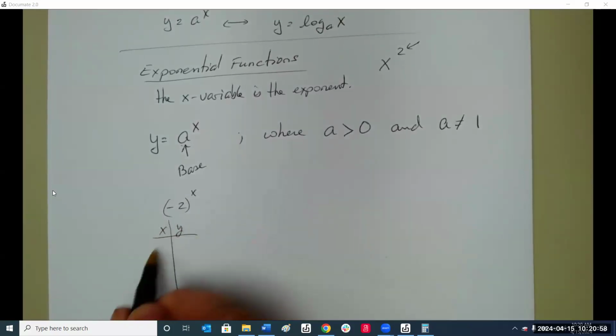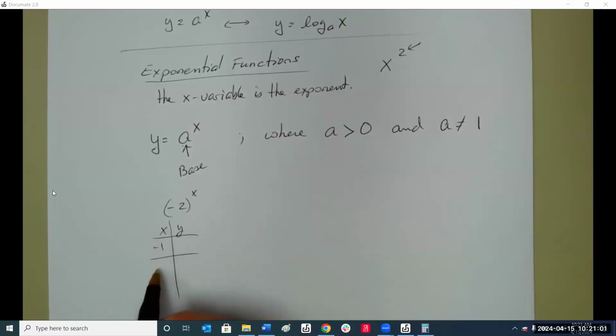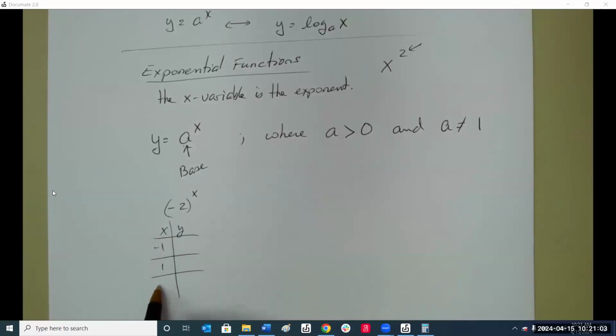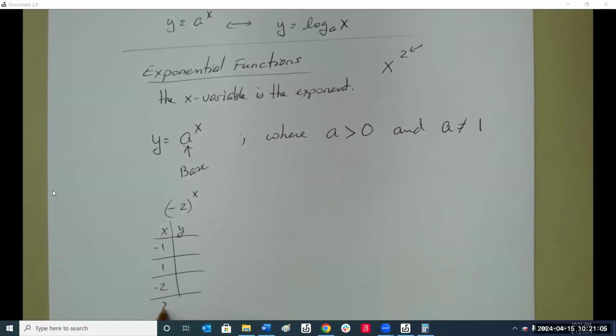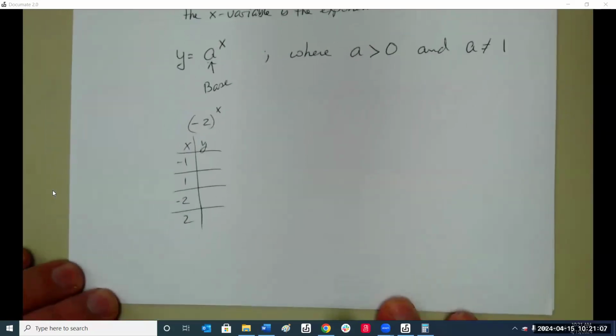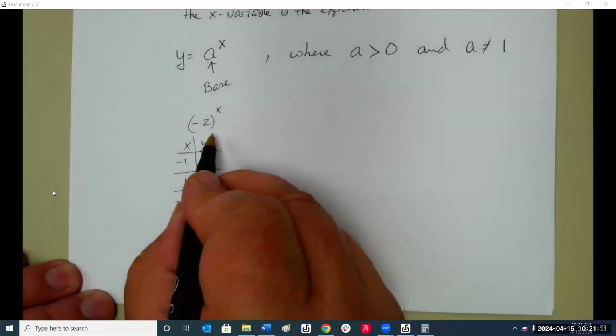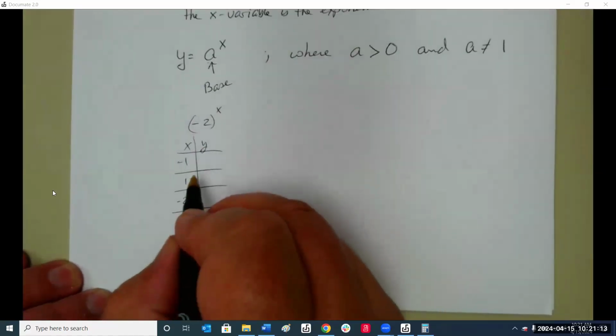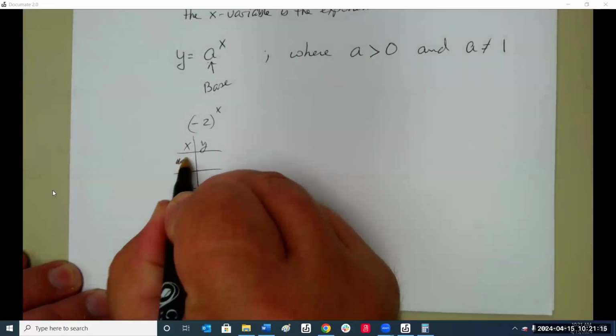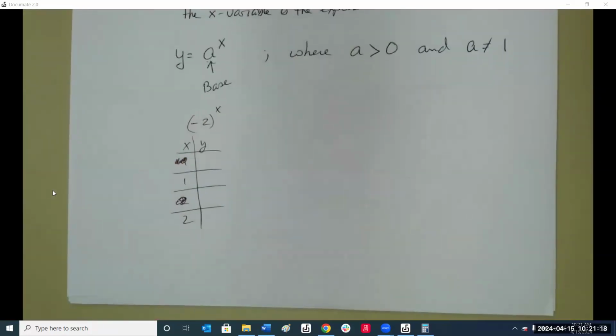Exactly, it will alternate between positive and negative. It's called oscillating.